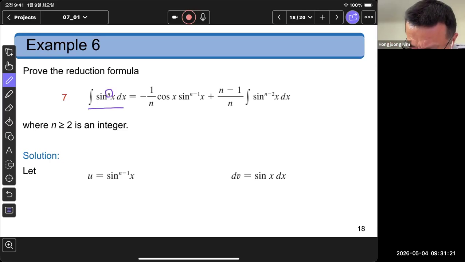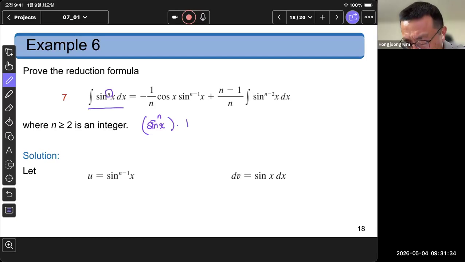So here, I consider sine x to the nth power times 1. Then this will be f, and this will be your g prime. As I said, this 1 will always be interpreted as g prime, not g of x. Then if this is f, what will be f prime?